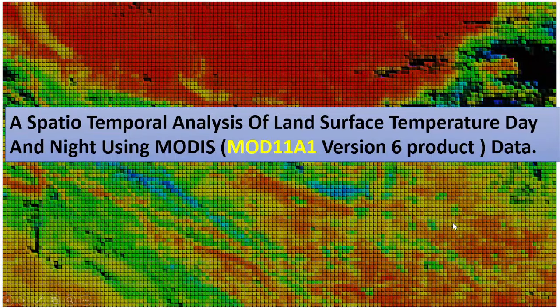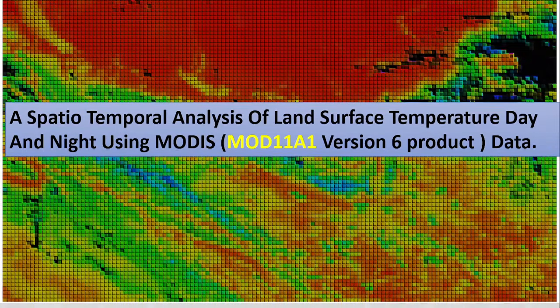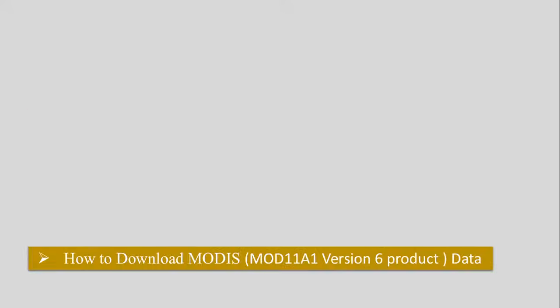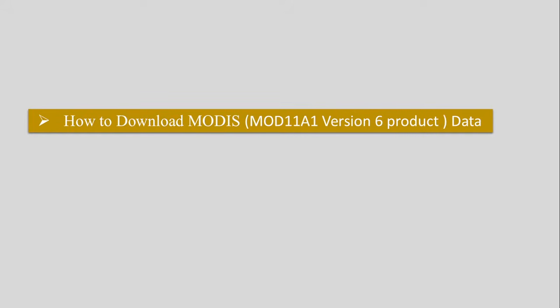Today's topic is a spatiotemporal analysis of land surface temperature, day and night, using the MODIS version 6 product. This video will cover the data type and data details. At first we want to know how to download the MODIS version 6 product data.